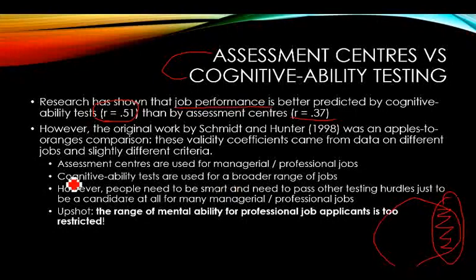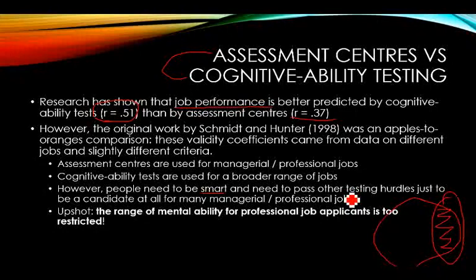Why? Because for people to even become part of the applicant pool for these professional and managerial jobs, people need to be smart. They need to pass various other testing hurdles, yeah? I covered this when I discussed cognitive ability testing. For example, you're trying to recruit a doctor, yeah?